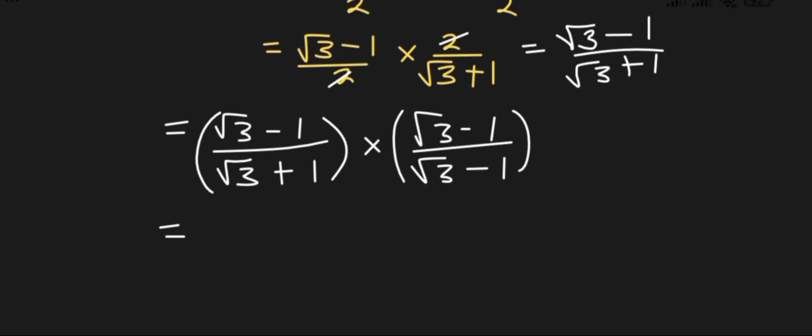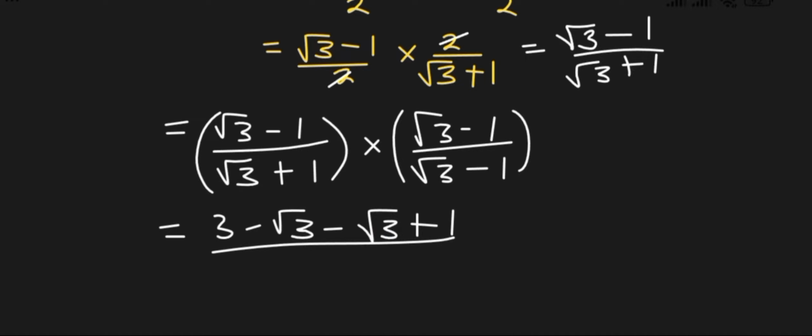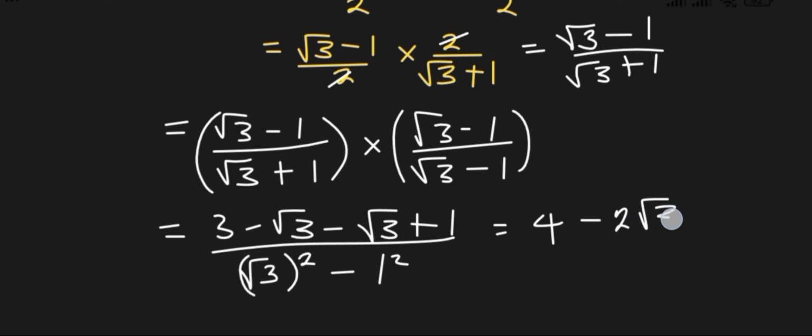So in the numerator, root 3 times root 3 is 3. Then root 3 times negative 1 is negative root 3. Then minus root 3 again and plus 1. While the denominator, difference of two squares, root 3 squared minus 1 squared. And that would be 3 plus 1, 4, minus root 3 minus root 3 is minus 2 root 3.